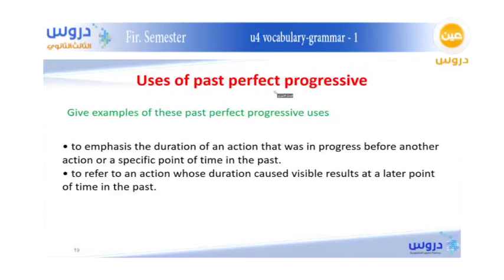All right? Is it clear to you? Because we are going to see two different sentences. Now, the examples here: he had been living in Egypt for 15 years when he moved to Saudi Arabia. They were tired because they had been cleaning the house all day.